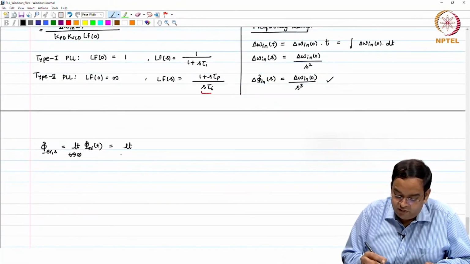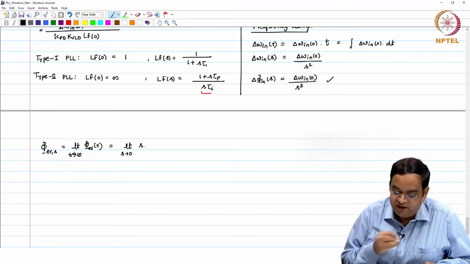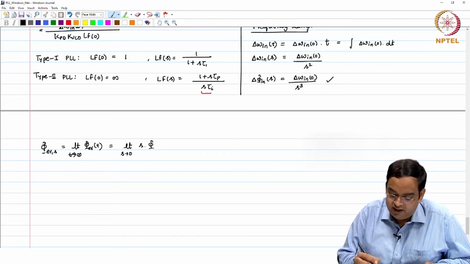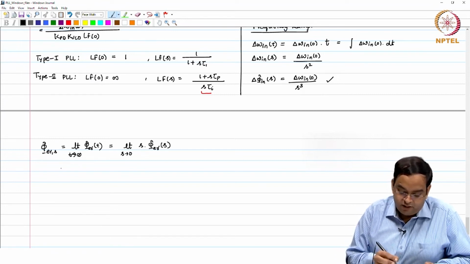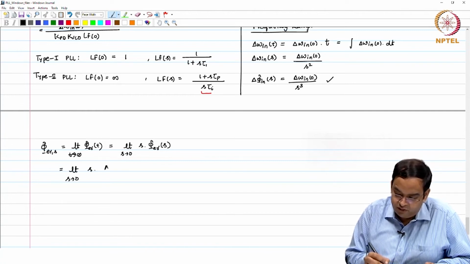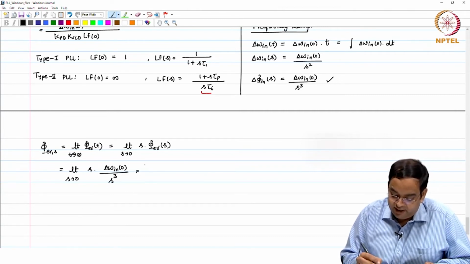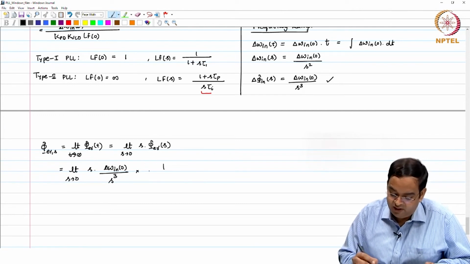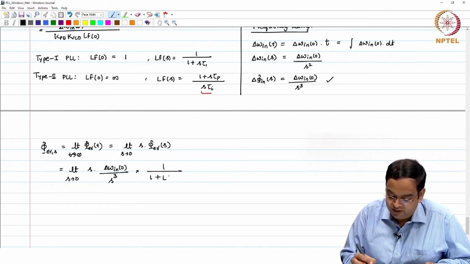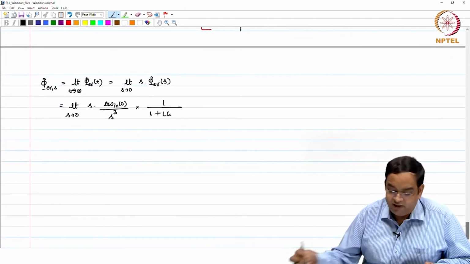This is equal to limit s tends to 0, using the final value theorem, of s times phi error of s, which in turn is equal to limit s tends to 0 of delta omega in 0 by s cube times 1 by 1 plus loop gain, that is what we have been using all the while.